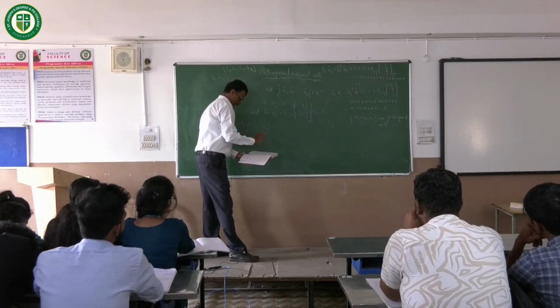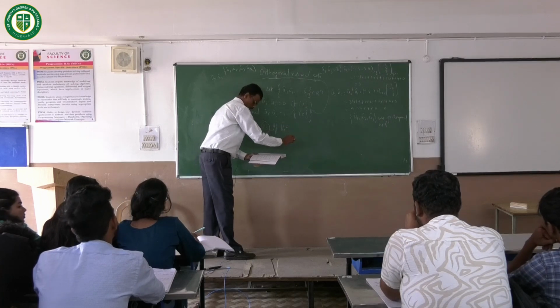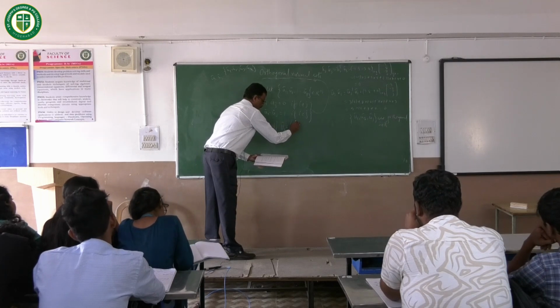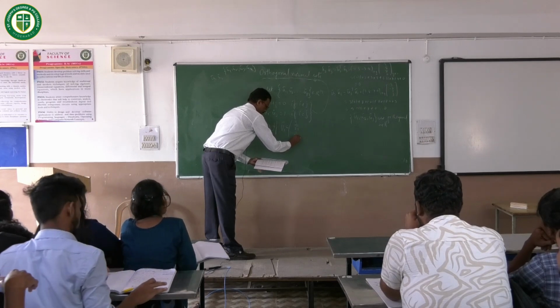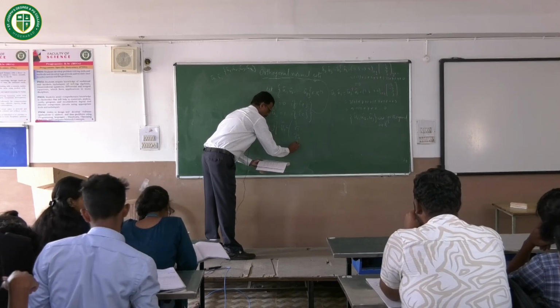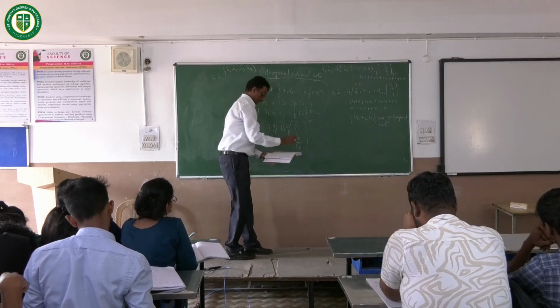Now in this case, V1 bar is equal to, I will write, 3 by root 11, 1 by root 11 and 1 by root 11. This is one vector.